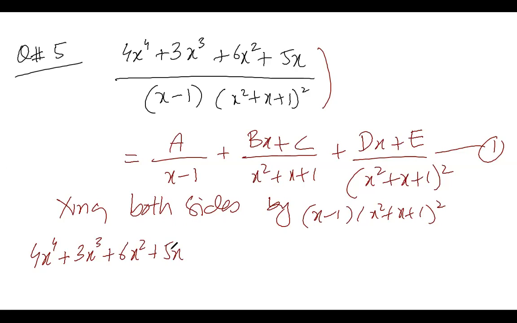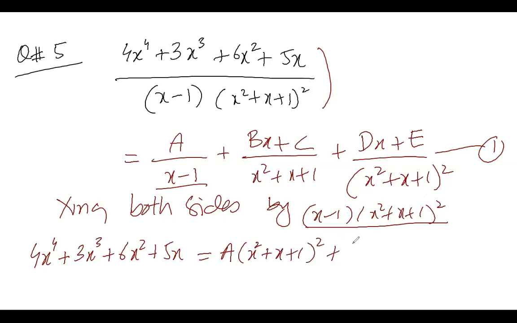Okay. When this is multiplied, the linear factor will be cancelled, and remaining is this factor x square plus x plus 1 whole square. So A is equal to x square plus x plus 1 whole square.